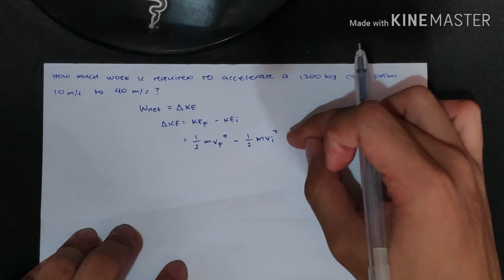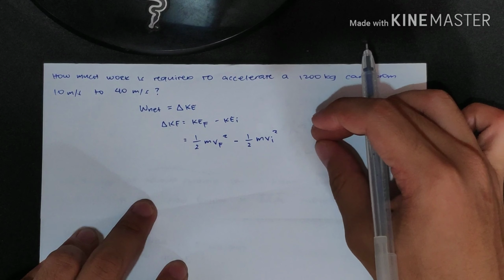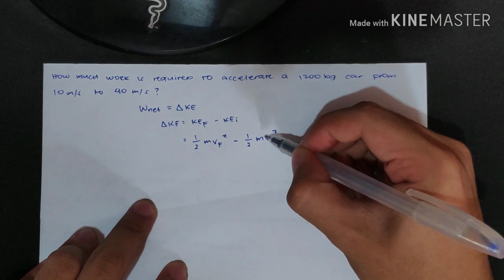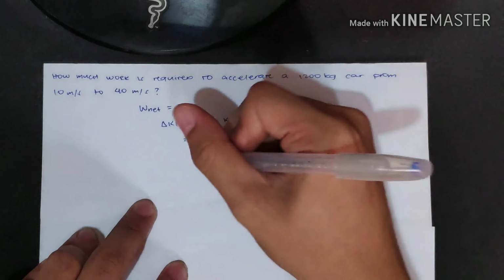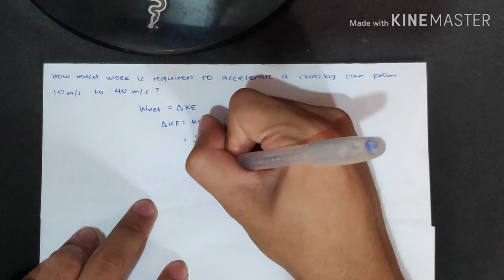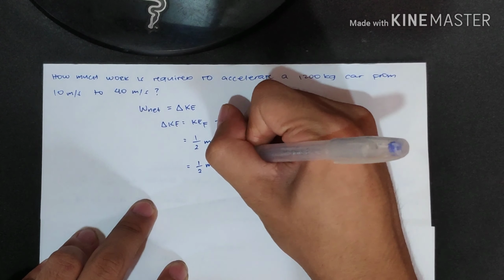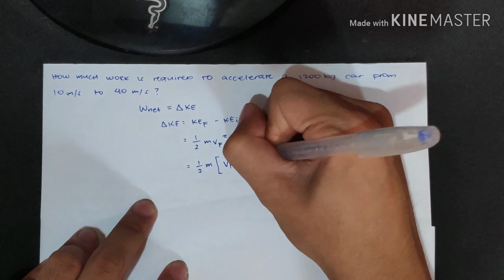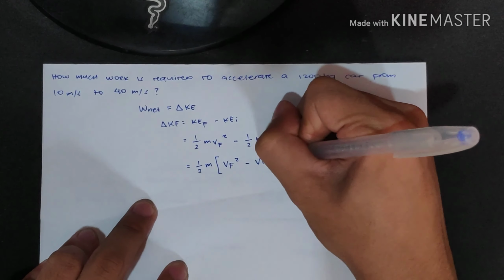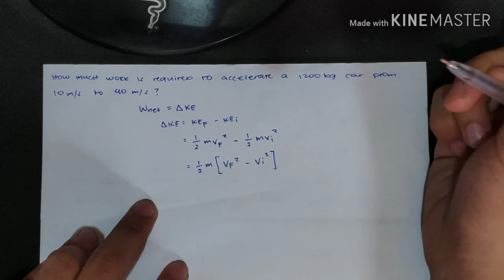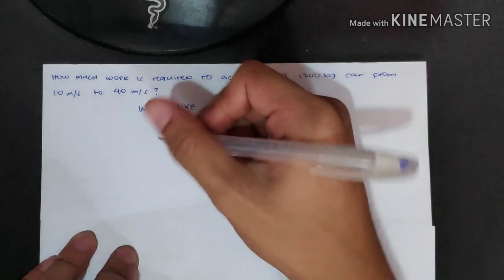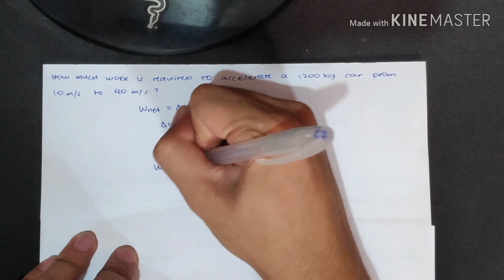From this equation, we can factor out the 1/2 times m. So 1/2 mass times (Vf squared minus Vi squared). That is the net work.